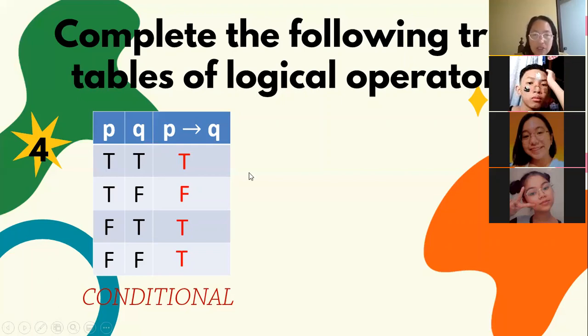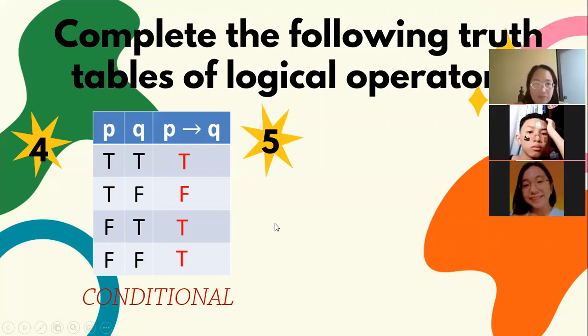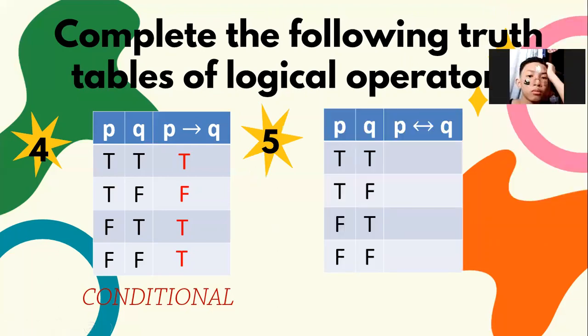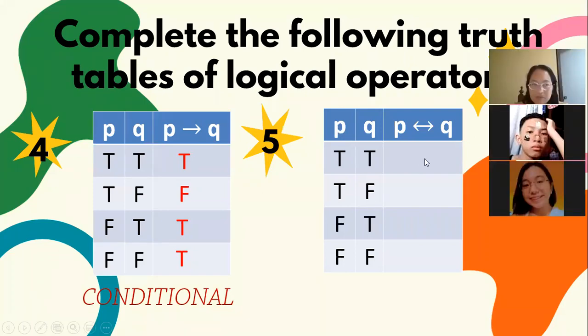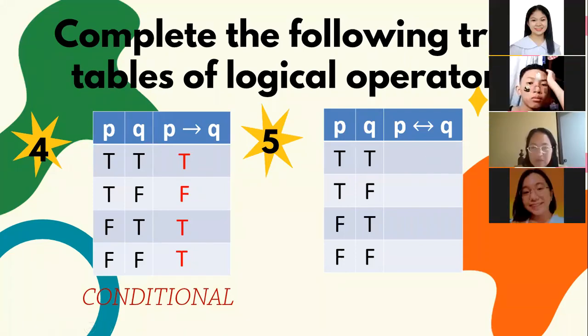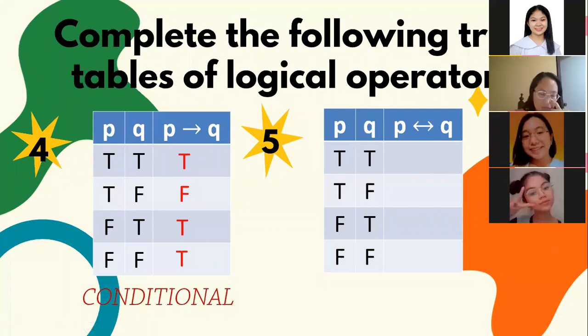Okay? And the last logical operator, yes, Margaret? The first table po, ma'am, is true. The second table po is false. Third po ay false. Fourth po is true. How do you call this? Biconditional po.